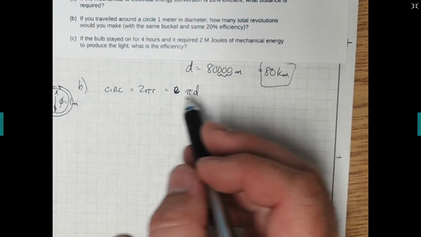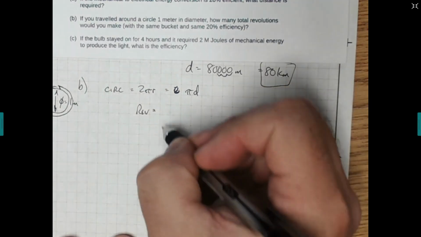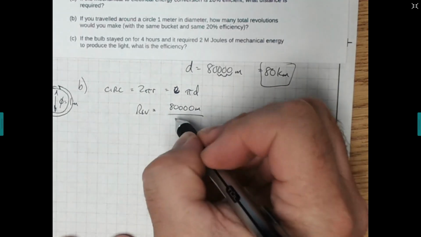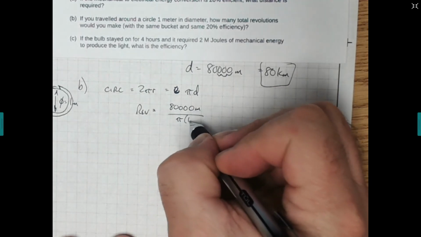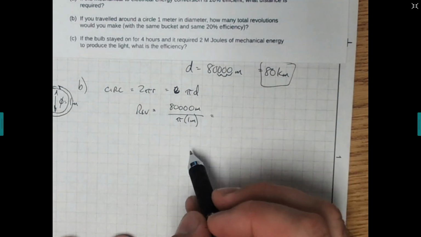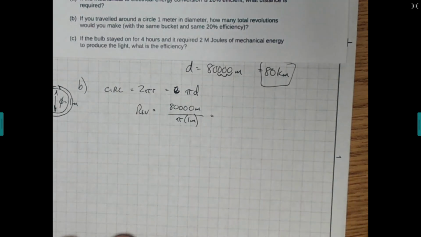And we can just say that our revolutions, how many times we have to revolve, is our 80,000 meters that we solved for over our pi times our distance of 1 meter. And that'll tell me how many times to go around, because that's the distance of 1 time around. How many times total do we have to go around?